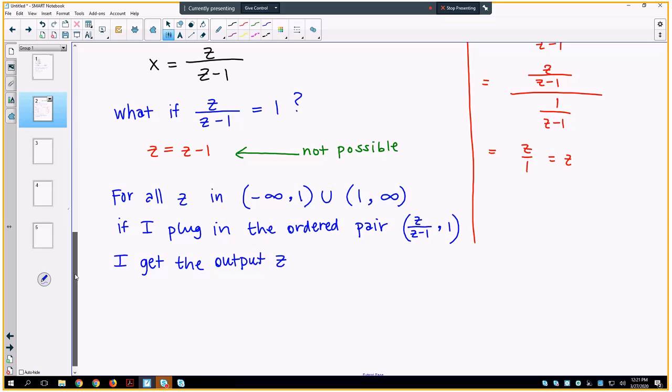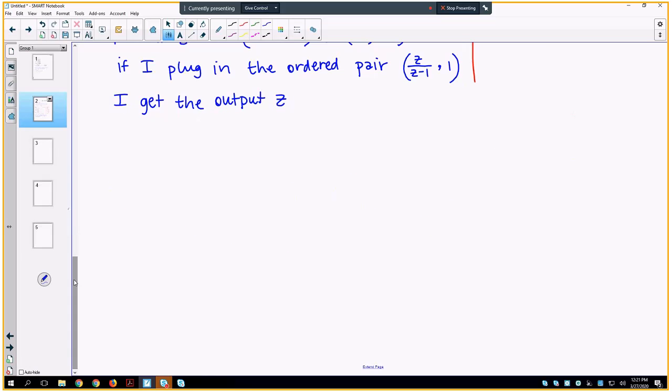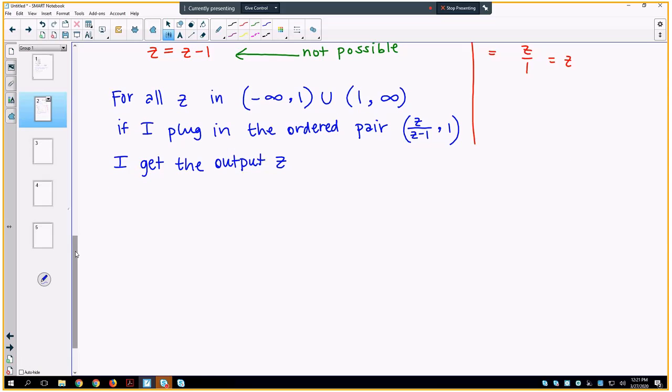So for any number except for 1, I can say that that's most certainly in my range because the ordered pair that I would plug in is z over z minus 1 and 1.